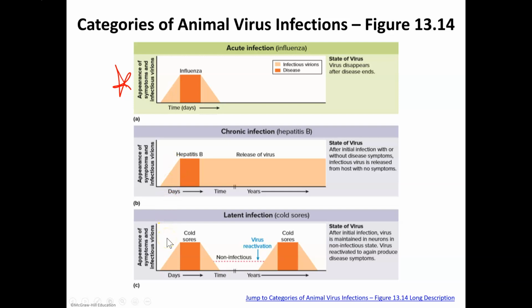So now I'm going to get into chronic and persistent, which are very similar. Again, I talked about a persistent infection being one in which you might have symptoms at times, and at other times you may be asymptomatic, but it's continuous.